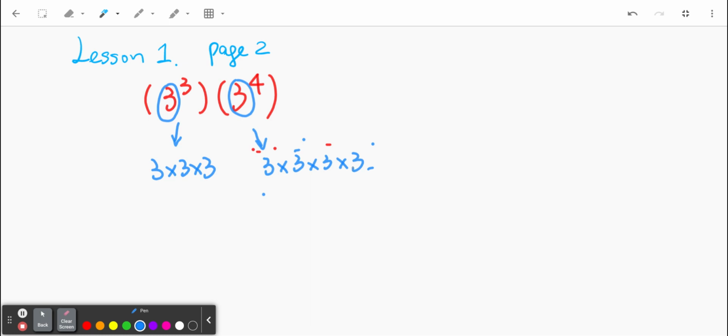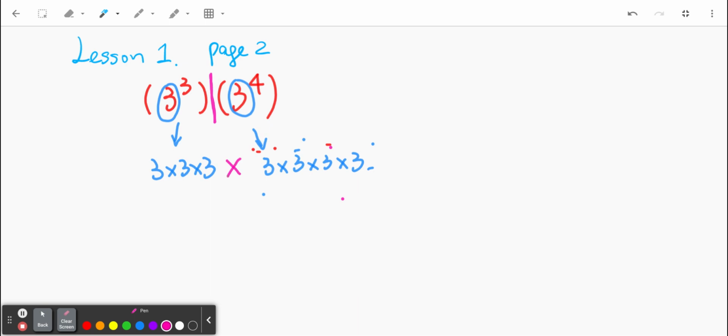And then when you put them together, what do we have in between these two parentheses? What are they doing here? Multiply, divide, add, subtract? Multiply, right? When you don't have a sign, it's multiply. So it's actually multiplying them together.